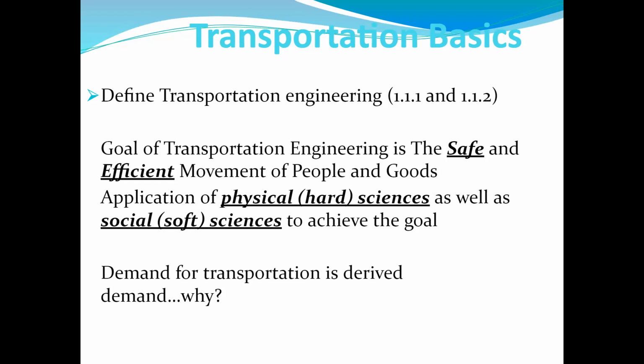Now, obviously, if we are to move everybody at very, very small speeds, that would be fairly safe, but we cannot always achieve that. So we try to achieve the most safe speed that we can while still providing the efficient movement, and then there is a balance of that, and that balance shifts between the context of the transportation systems.